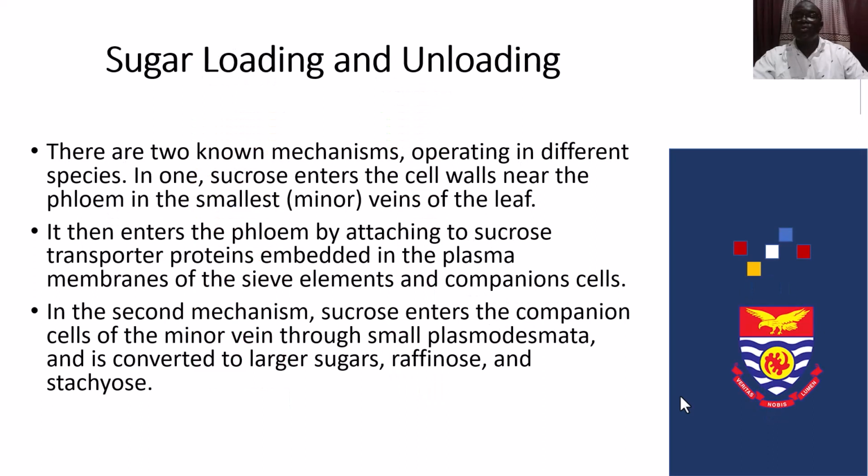So, sugar loading and unloading. There are two known mechanisms operating in different species. In one, sucrose enters the cell walls near the phloem in the smallest veins of the leaf. It then enters the phloem by attaching to sucrose transporter proteins embedded in the plasma membranes of the sieve elements and companion cells. In the second mechanism, sucrose enters the companion cells of the minor vein through small plasmodesmata and is converted to larger sugars, raffinose and stachyose.